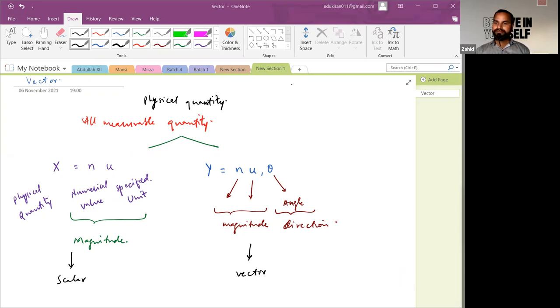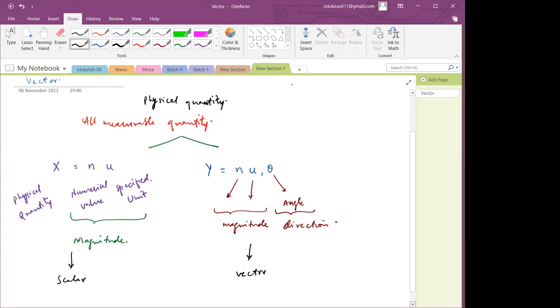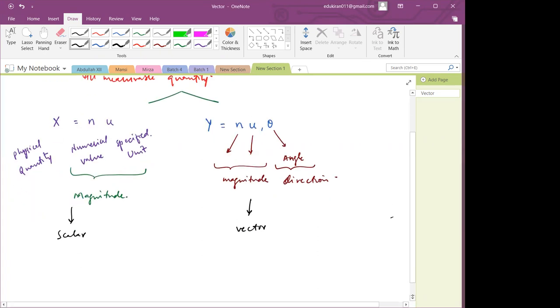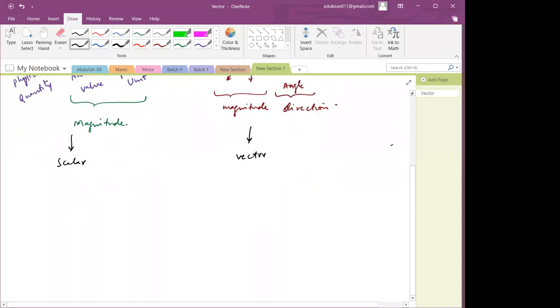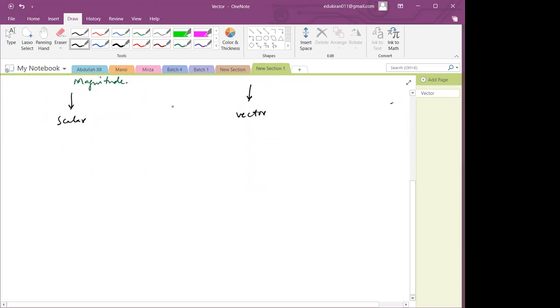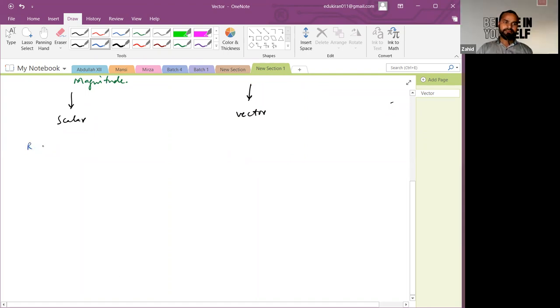Next is representation of vector. How do we represent any vector?